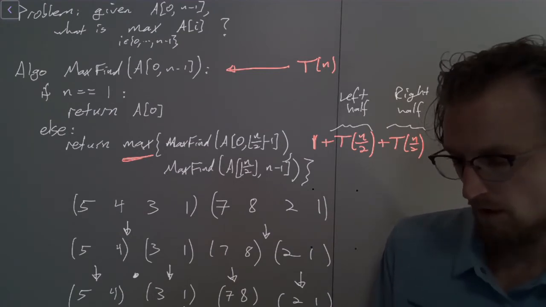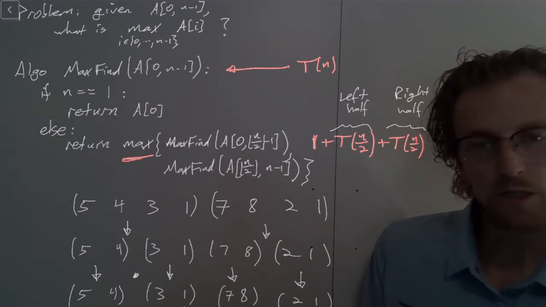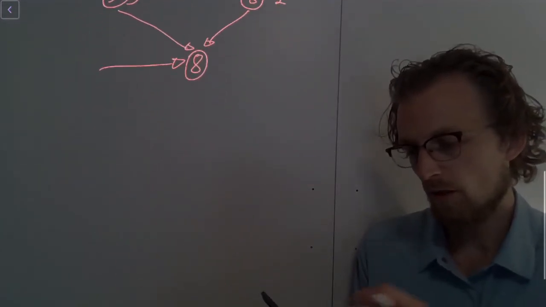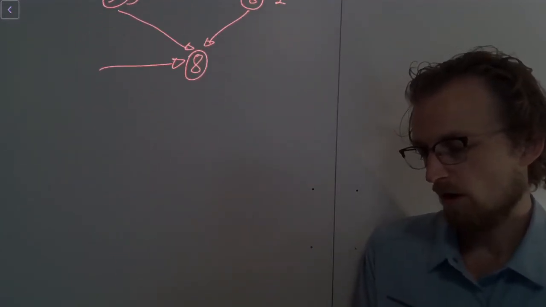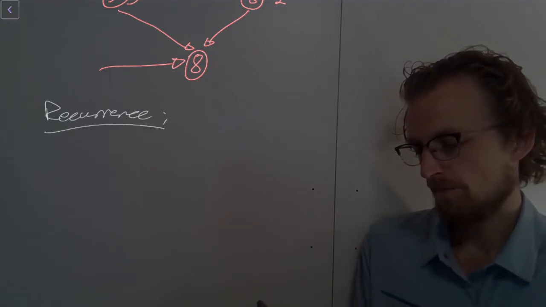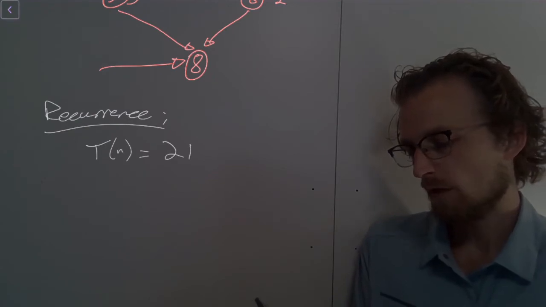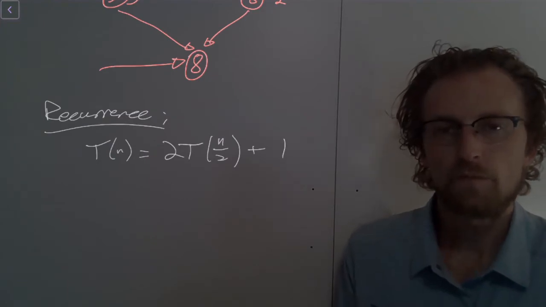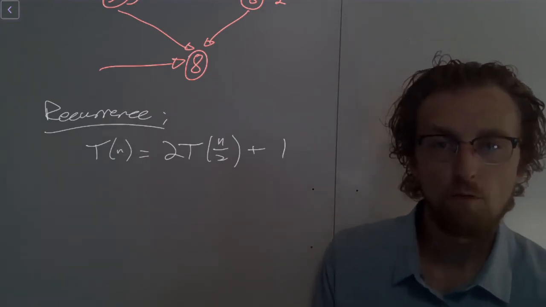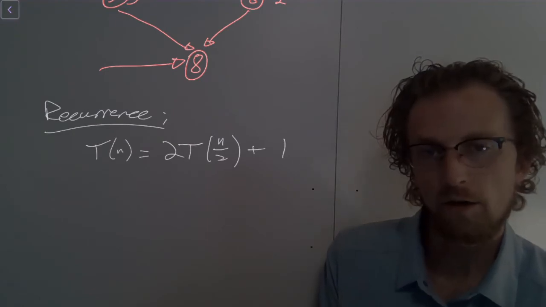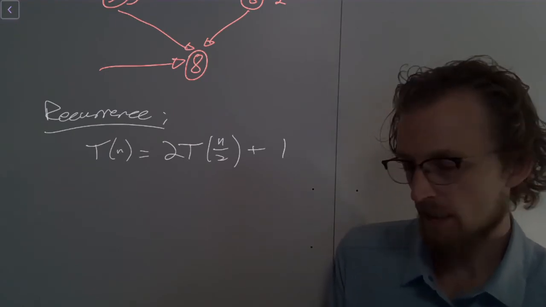So we have an overall recurrence relation that looks like the following, and I'm going to scroll down to here to discuss it. So our overall recurrence is this. T of n equals 2 T of n over 2 plus 1. And this is a kind of format that you'll become very familiar with as we think more about divide and conquer algorithms. So the format says this.